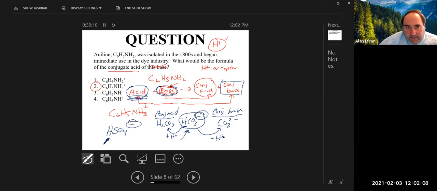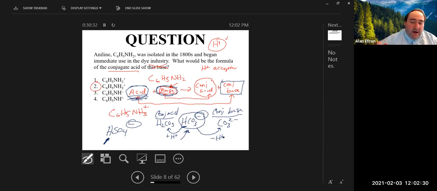It's really important that there is a difference between an acid and a conjugate acid. An acid itself will actually lose an H plus. When you're just talking about a regular acid, it will always be found on the reactant side, the left-hand side of the arrow, and that's always going to lose it.